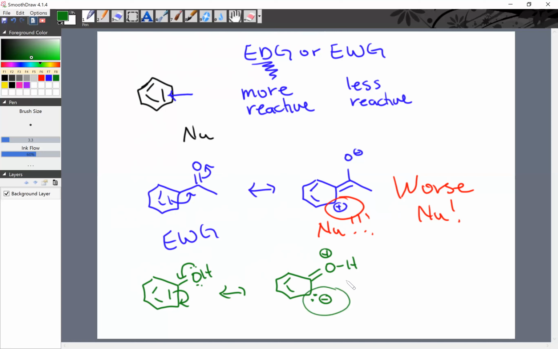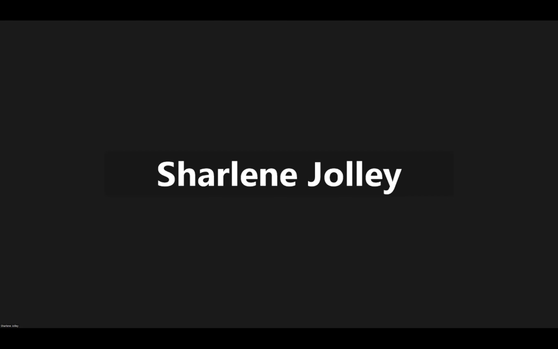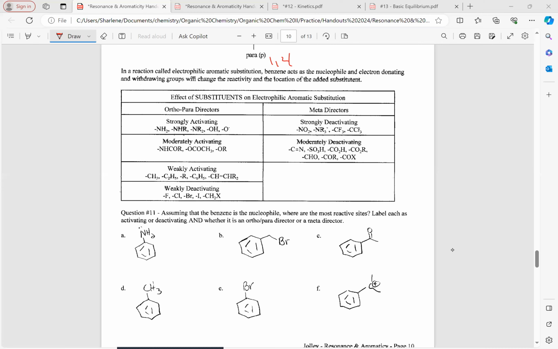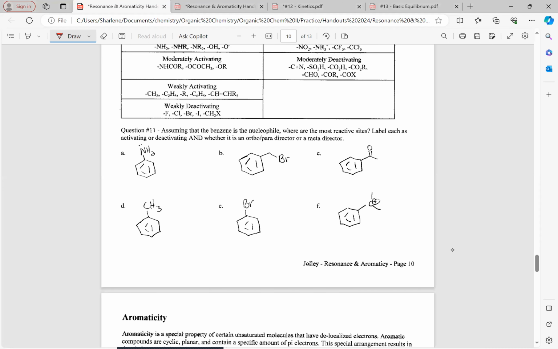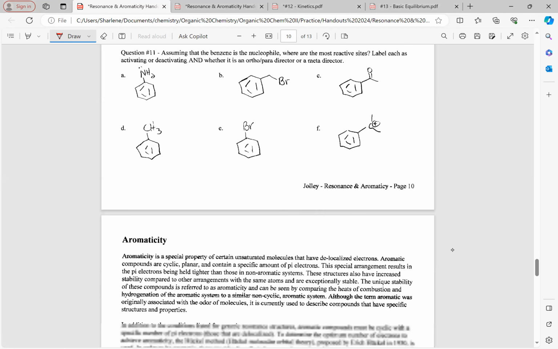It is a negative. Hey, it is a better nucleophile. And that's kind of the idea behind these electron withdrawing groups and the electron donating groups. All right, then a question, hey, can you tell me which one it is doing?